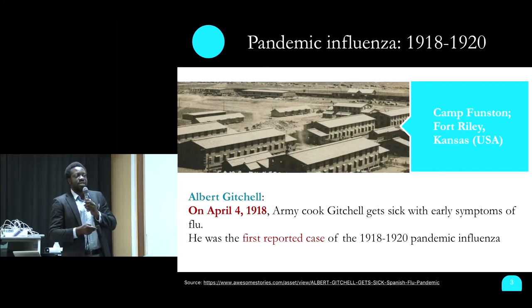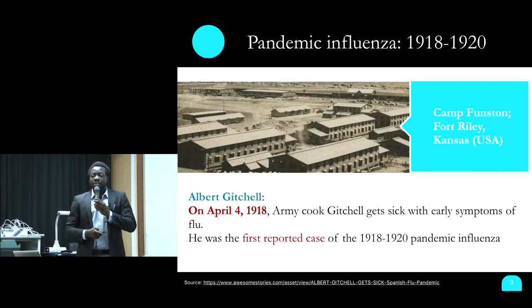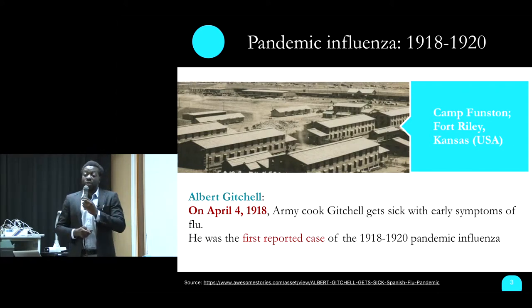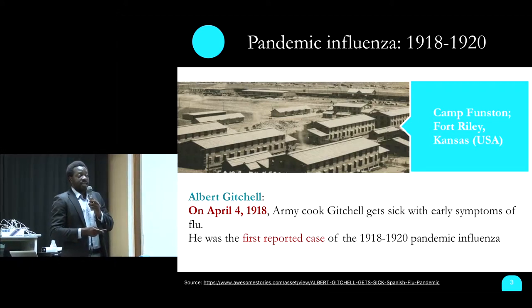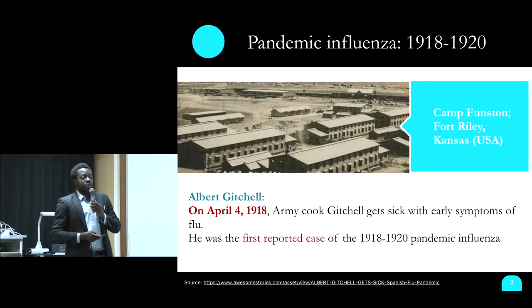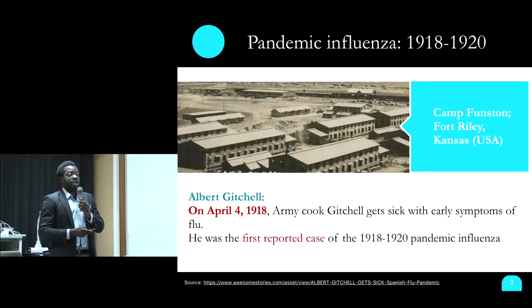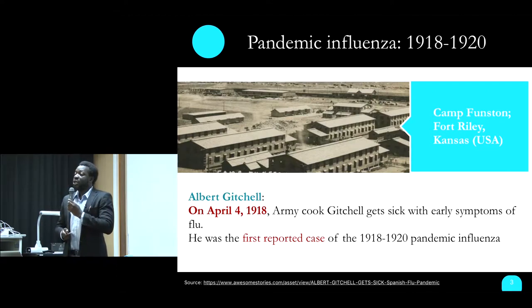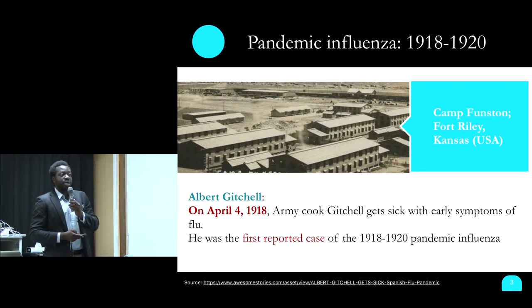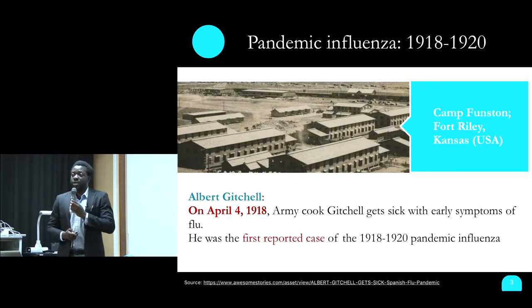They call it Camp Funston in Fort Riley, in the U.S. What happened is that on April 4, 1918, a soldier by the name of Albert Kitchell, an army cook in the military camp, got sick with early symptoms of flu. Actually, it was the first reported case of the Spanish flu in that year.